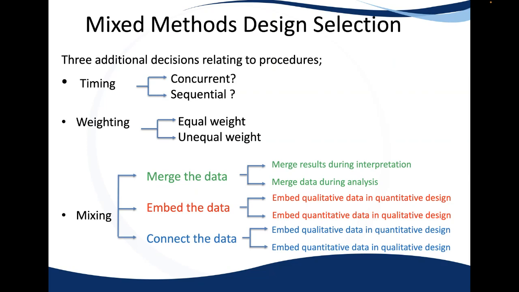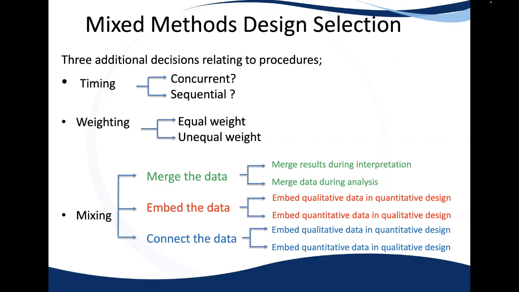the weighting. And I've said you should be able to tell us the timing, you should be able to tell us the weighting. Then, of course, there are the different ways in which data is mixed. So when you mix data in mixed methods research, we talk of 3 mixing opportunities. When you mix the data, you can either merge it, you can embed it, or you can connect it.